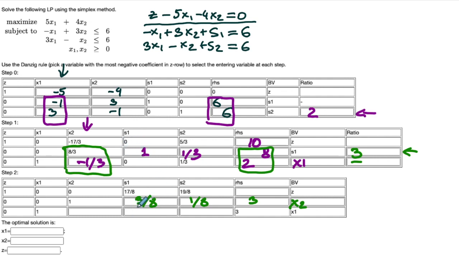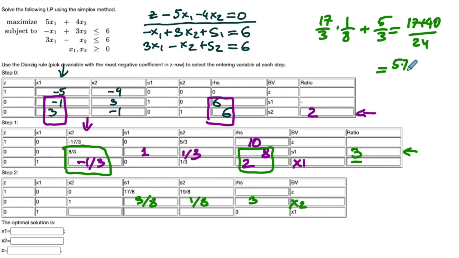So 17/3 by 3/8 is going to give us 17/8, and this entry is correct here. 17/3 times 1/8 plus 5/3 is the same thing as (17 plus 40)/24, which is the same as 57/24, which is the same as 19/8.